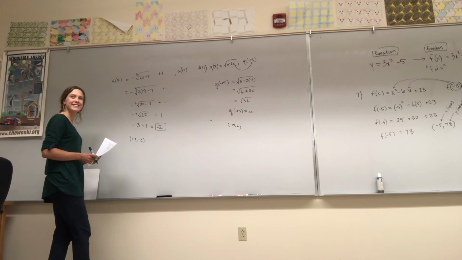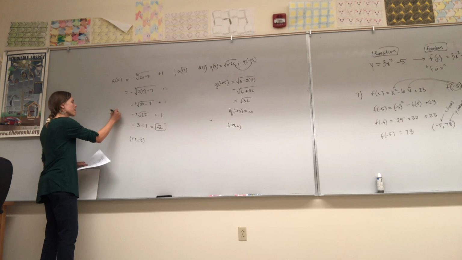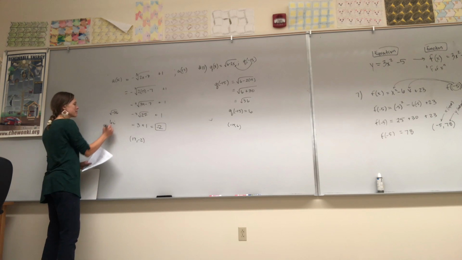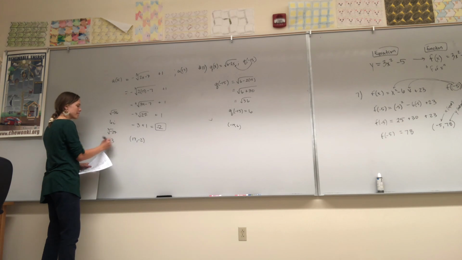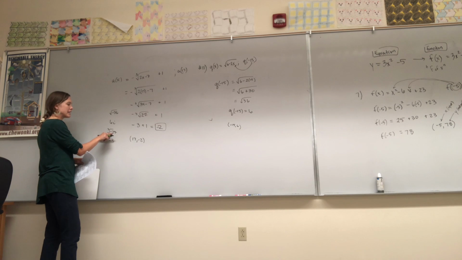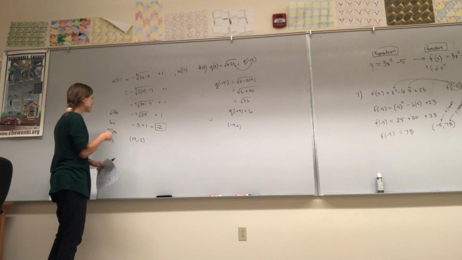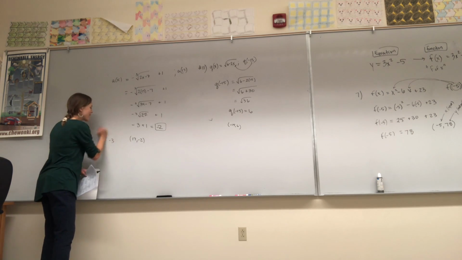If it was the square root of negative 36, that's 6i, because I can't take the square root of a negative number.